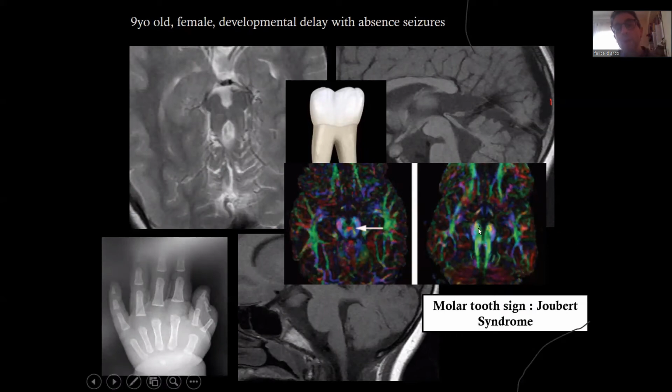In a Joubert, you don't have such decussation, but just anteroposterior fibers in green. So remember, the color coding is right-left red, up-down blue, and anteroposterior green. So if you have a DTI color map, you confirm your finding of a molar tooth and you confirm that it is a Joubert.